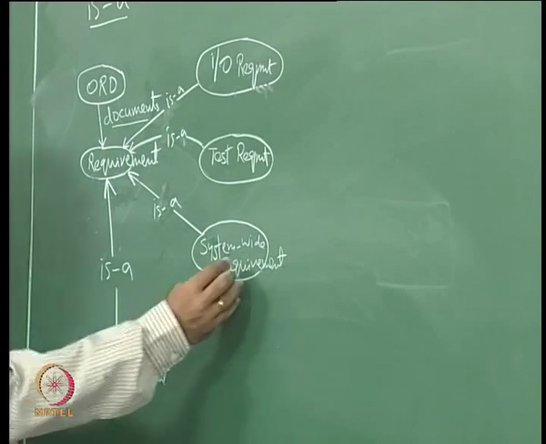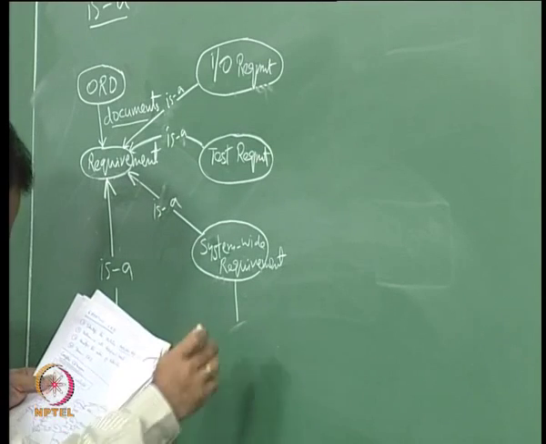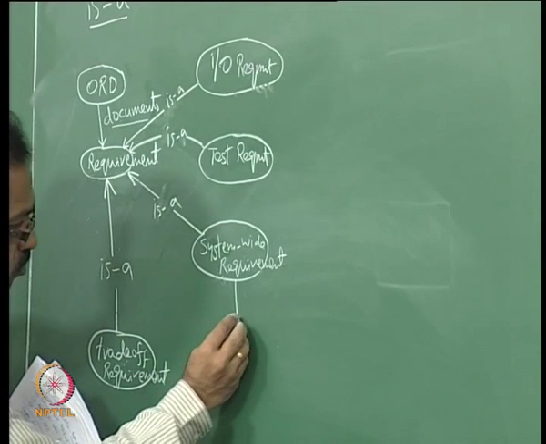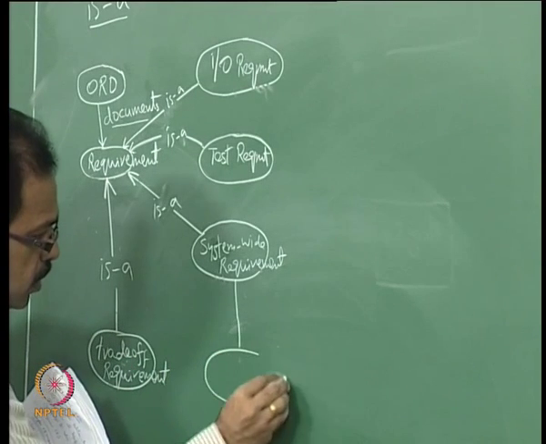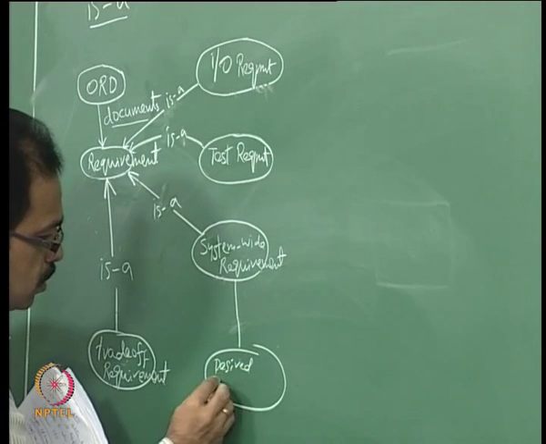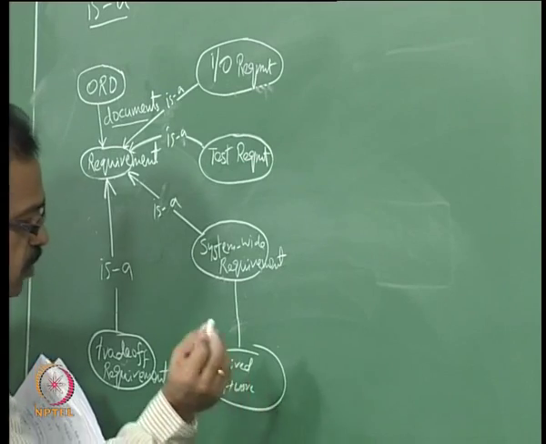And then for the system wide requirement, again you can write a relationship. So, here you have some other requirement like desired software requirement. So, in some cases you may have a specific requirement of software.